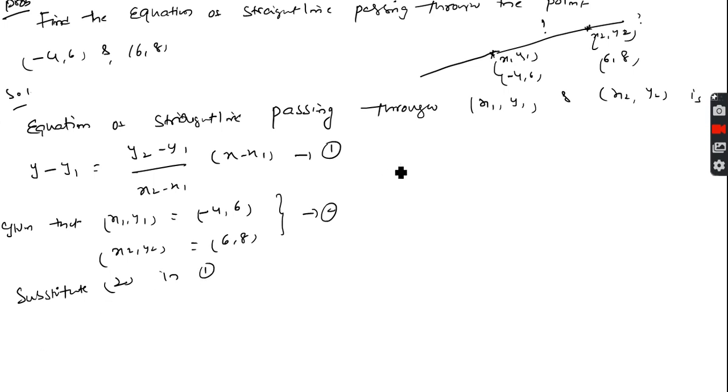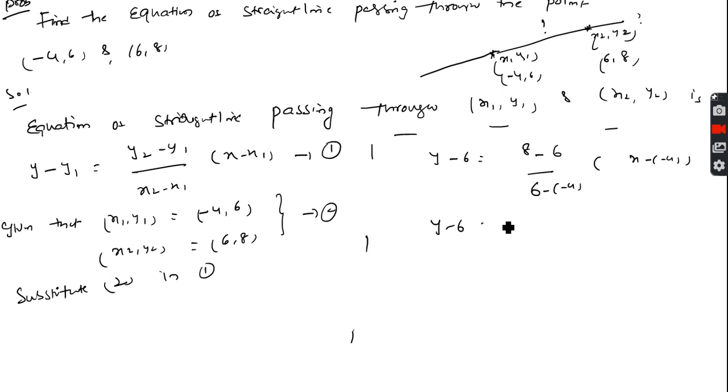So therefore y minus y1 is equal to, what is the y1 value? 6, equal to y2 minus y1, that is 8 minus 6, divided by x2 minus x1, that is 6 minus (-4), into x minus x1.